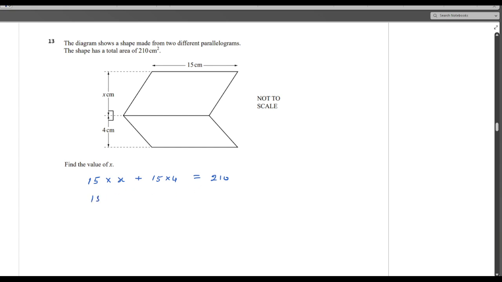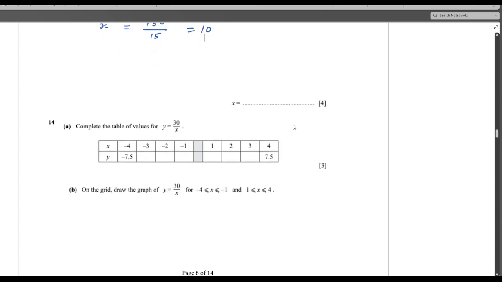That is, 15 times x is 210 minus 15 times 4, which is 60, so 210 minus 60 is 150. So your x is 150 divided by 15. The answer is 10. Okay, so the value of x is 10.